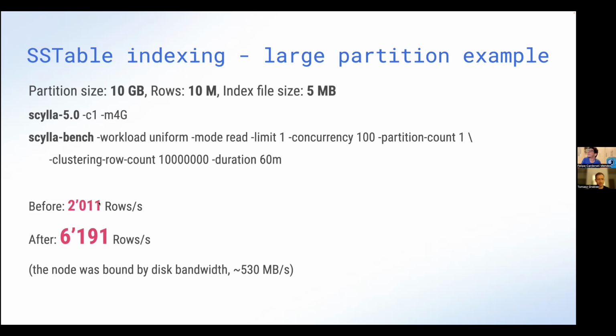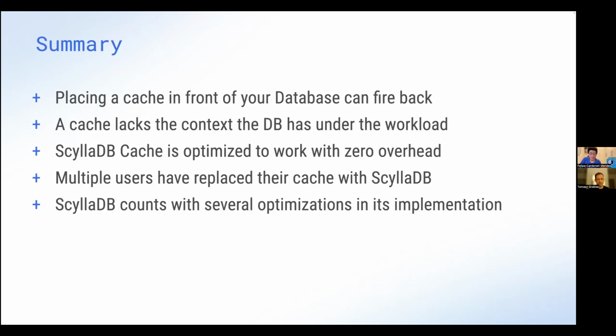All right. And well, this is pretty much what Tomek and I had to present. As a summary, we have discussed the potential hiccups of placing a cache in front of your database. We understood that an external cache lacks the context your database has for your workload and may make your database-specific optimizations inefficient.